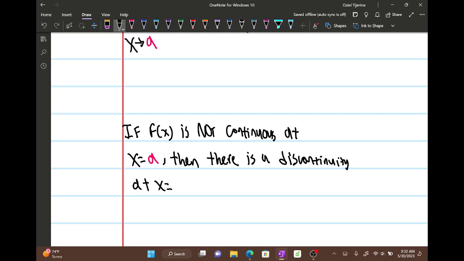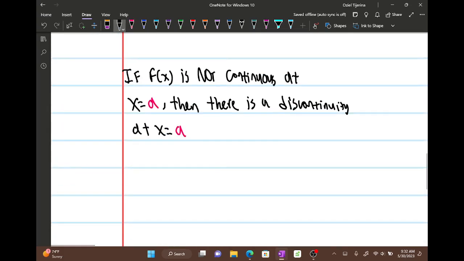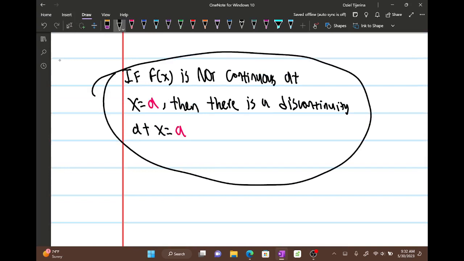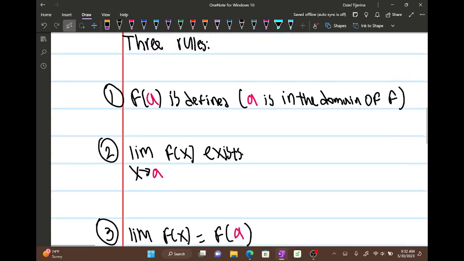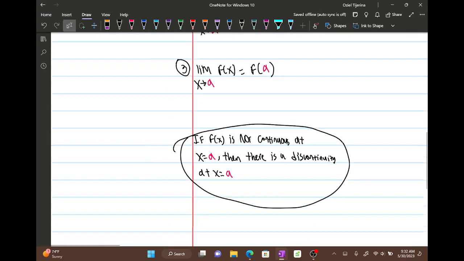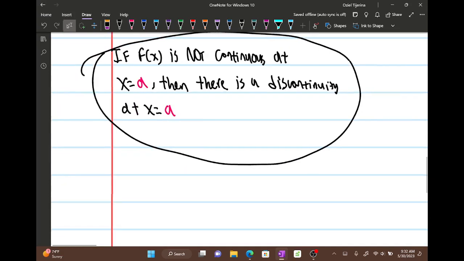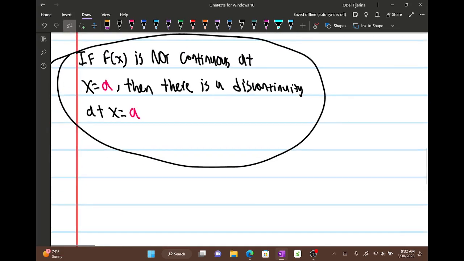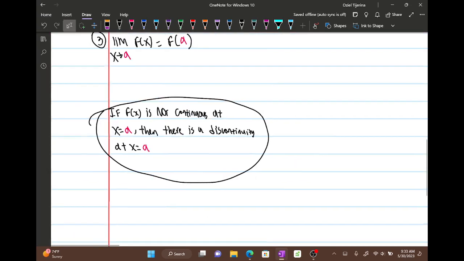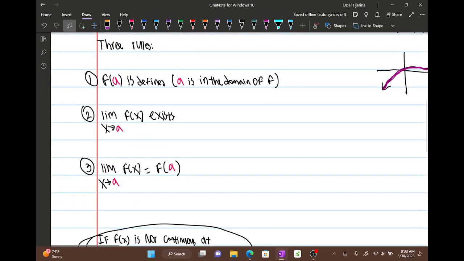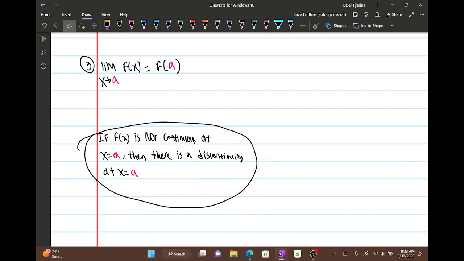So what I want to say is that if this is true, I don't want to confuse the definition up here, but if it is not continuous at x equals a, meaning if there's a break or something, then either the limit as x approaches a does not exist, f of a is not defined, or the limit as x approaches a of f of x does not equal f of a.